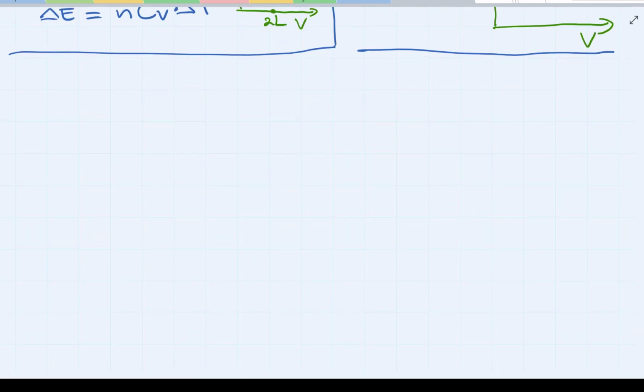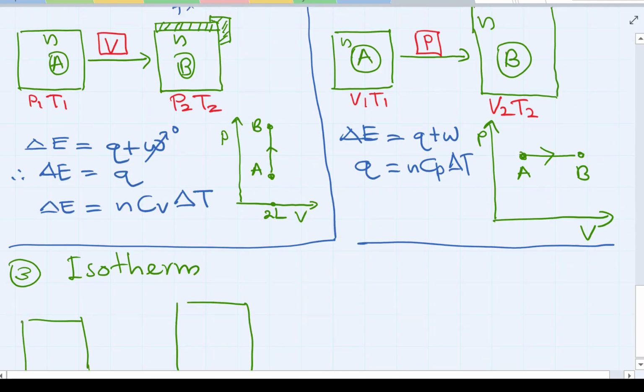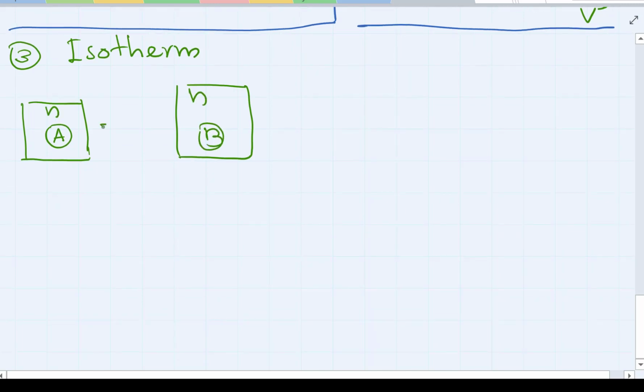Now let's look at the third one, which is isothermal. Iso is same, thermal is temperature. For the isotherm, let's say gas sample A goes to gas sample B, with the same number of gas moles, and the T is constant.